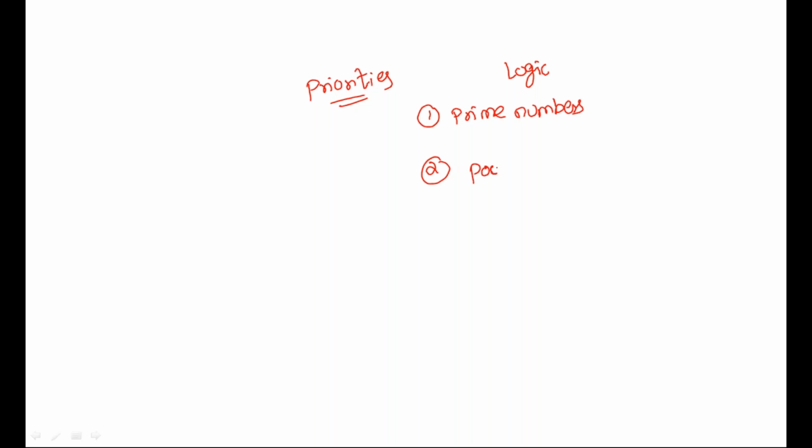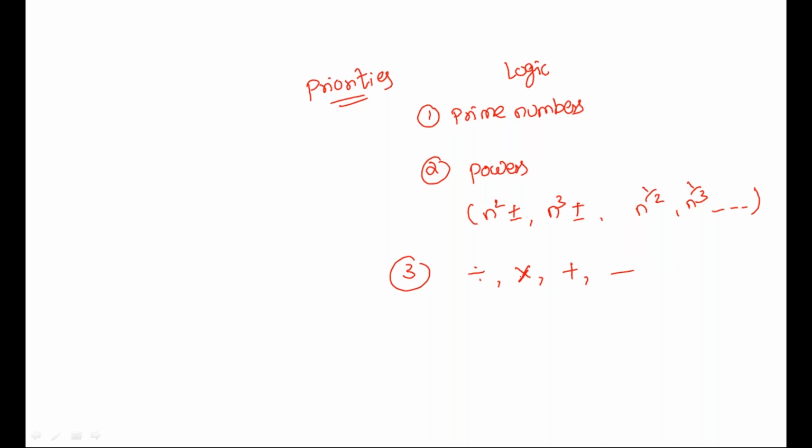Second priority is for powers: squares plus or minus something, cubes plus or minus something, or square root, cube root. Third priority is division, multiplication, then addition and subtraction.